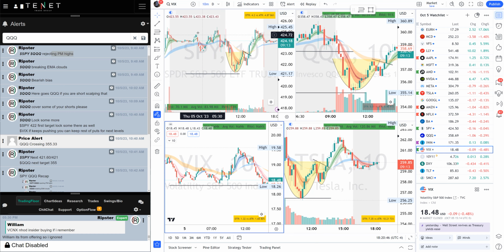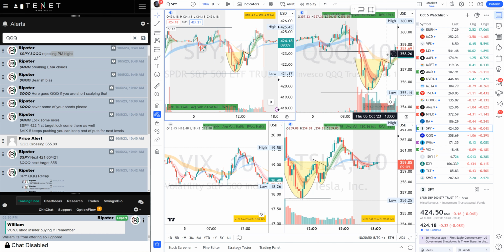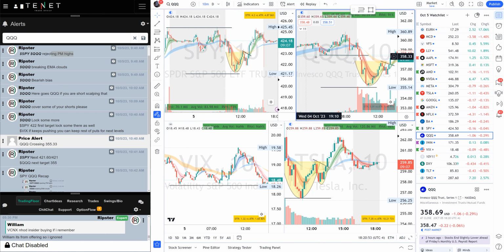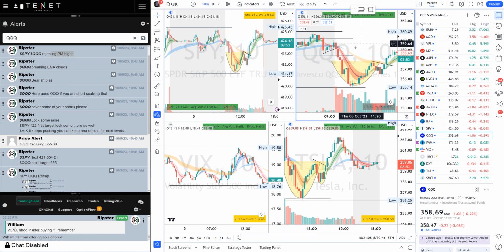At the same time, SPY is rejecting pre-market highs. QQQ is rejecting pre-market highs. When VIX is bouncing, you know it's heavy under EMA clouds.